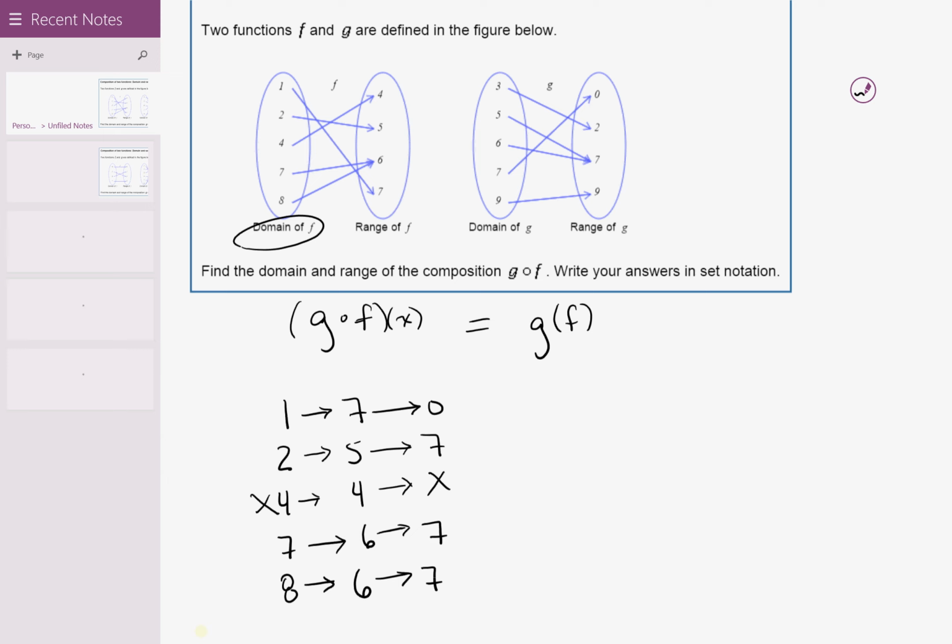I was looking ahead at something. Okay, so I kept this value of the domain, and this value, and this value, and this value. And I know why I didn't keep the 4.